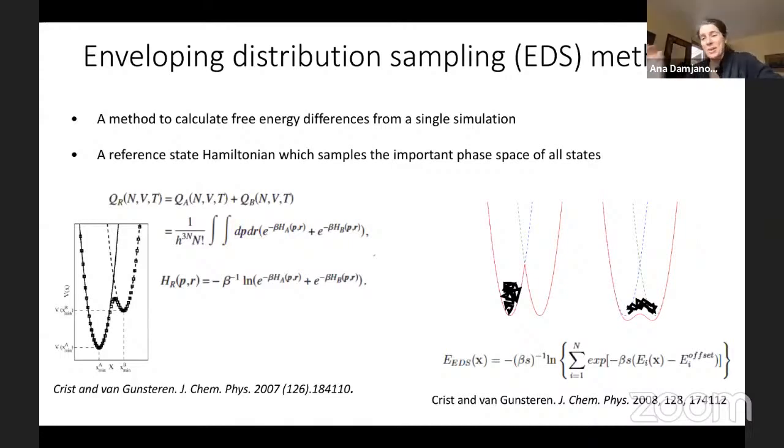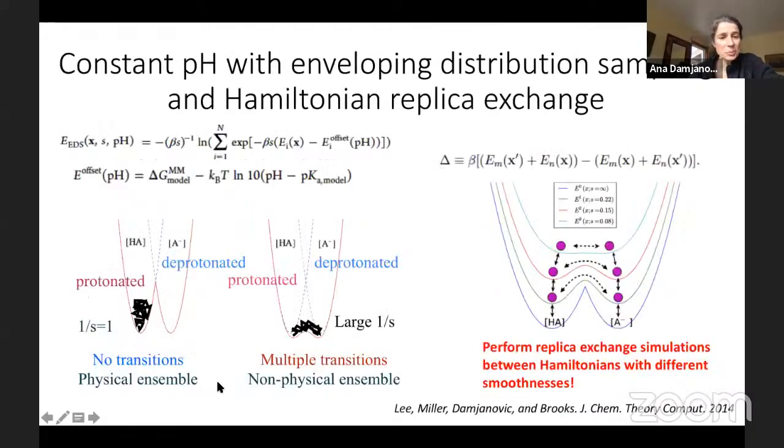So sampling of protonation states is a huge problem if you're looking into methods for constant pH simulations in explicit solvent. Okay, I made a digression here, but Christ and van Gunsteren introduced this smoothness parameter, S, in the Hamiltonian, where they have a smoothed Hamiltonian where they can easily transition between states. Now, the problem is that this smoothed Hamiltonian samples a non-physical ensemble. So what we did is we introduced a Hamiltonian replica exchange where you perform simultaneous simulations with different smoothness values.